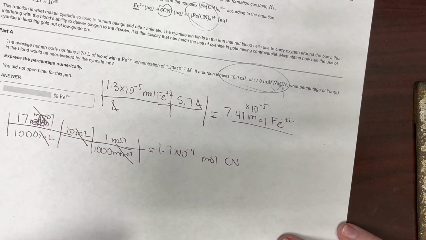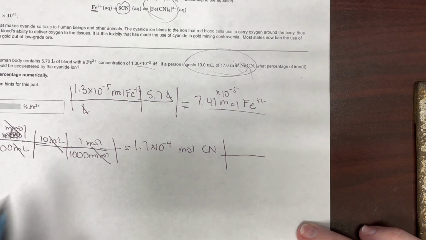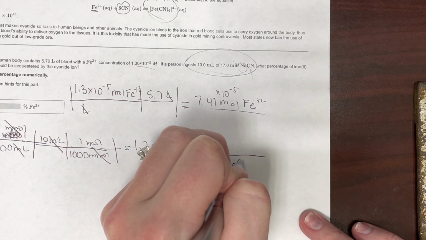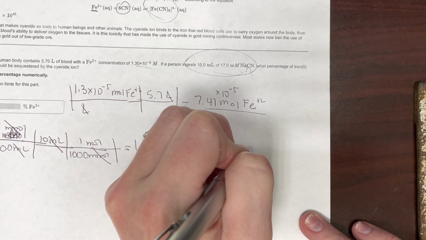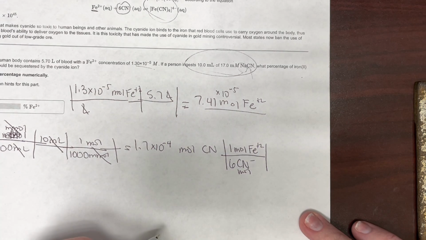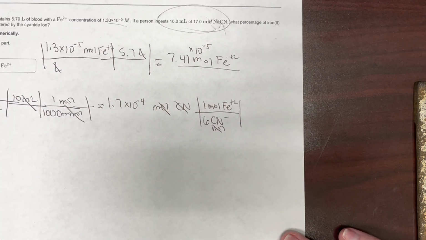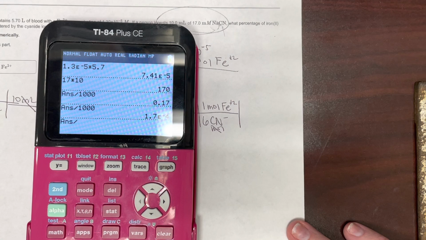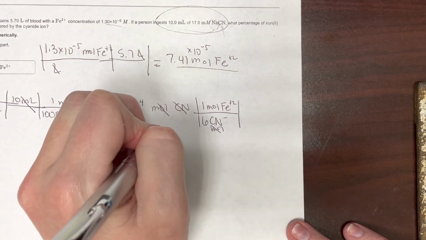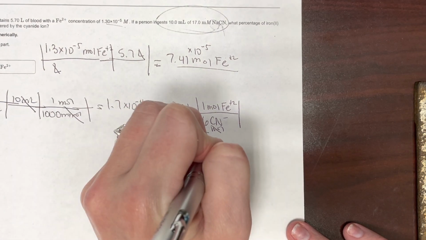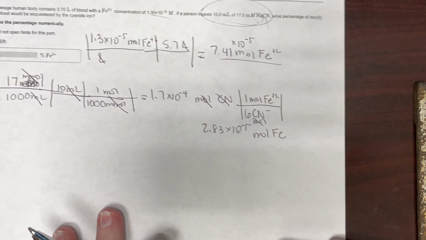So that's how many moles of cyanide we have, and from our stoichiometry equation, stoichiometry just doesn't go away, 6 moles of cyanide require 1 mole of iron 2. So it's going to tell us how much iron 2 is used. Let's divide by 6. So 2.83 times 10 to the minus 5 moles of iron are used up.